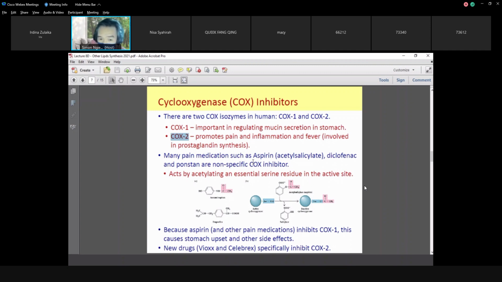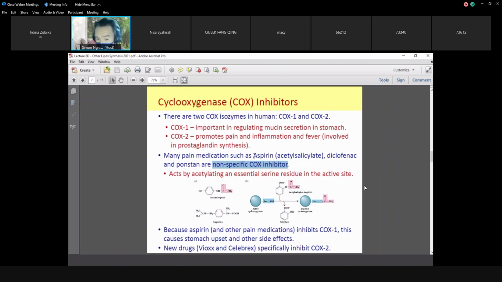So painkiller actually helps to stop this, but there's a but. Aspirin, or even diclofenac, are not specific COX inhibitors. Sometimes when people take painkiller, the purpose is to stop the pain and reduce the fever and so on, but it also has some side effects due to the non-specificity of this COX inhibitor.